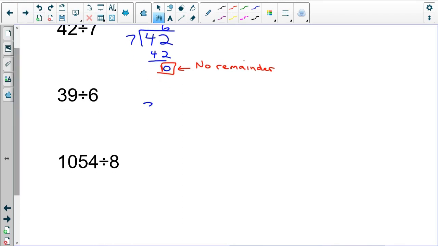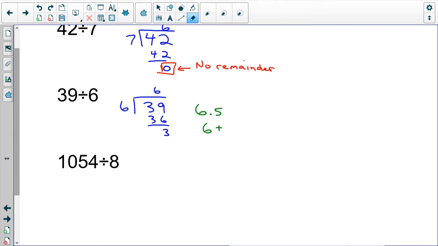If I did 39 divided by 6, I would choose 6. But notice I have a remainder. If I wanted to write this, I could write this as 6 and 1/2, or 6.5. And the reason for that is it is 6 plus 3/6.